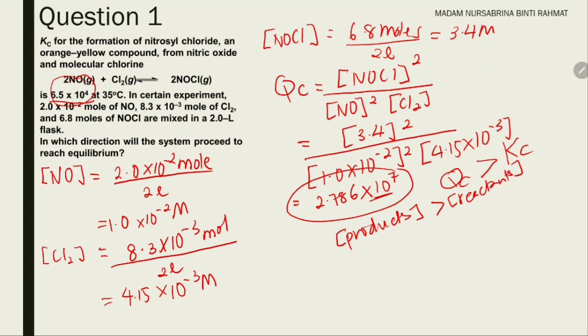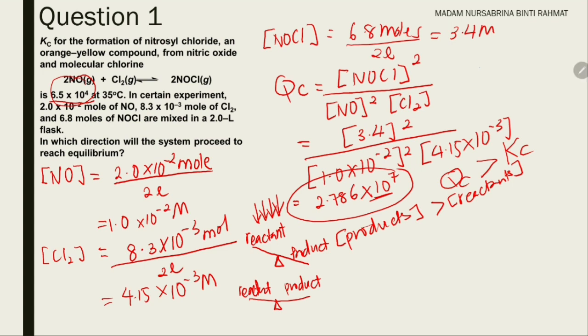If we draw a seesaw, you will see your seesaw slanting towards your product because it is heavier and your reactant is lighter. So in order to establish an equilibrium, we need to add more reactants so that it will become equivalent in size. Both reactants and product have the same weight and your seesaw becomes balanced.